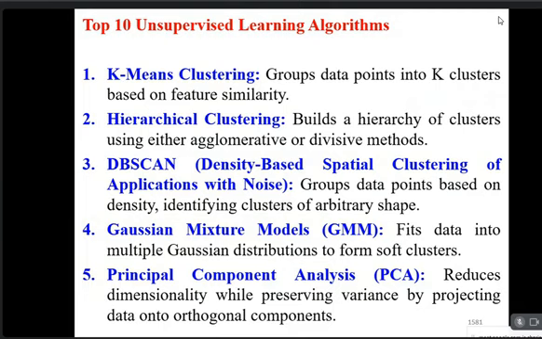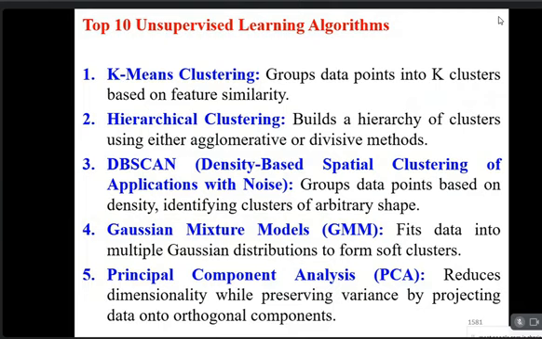K means the number of assumptions: K is equal to 2, K is equal to 3, based on a feature similarity measure. Then hierarchical clustering, which I have just explained, builds a hierarchy of clusters using either agglomerative or divisive methods.